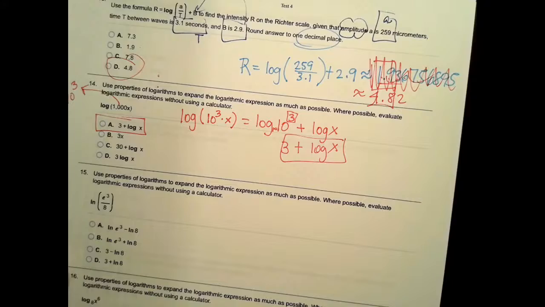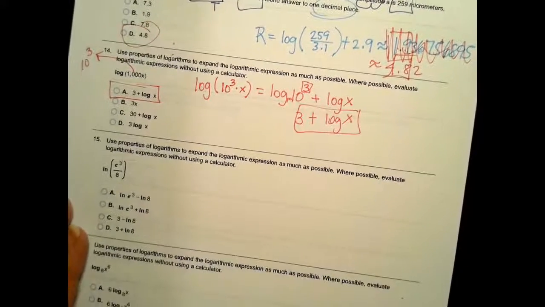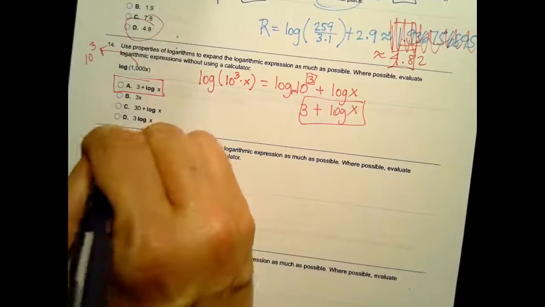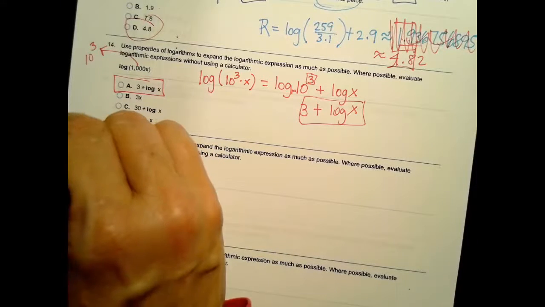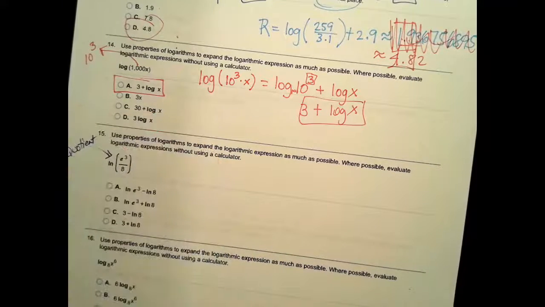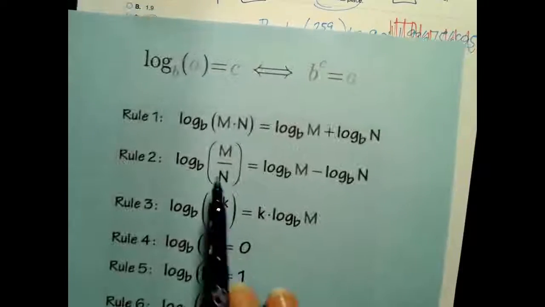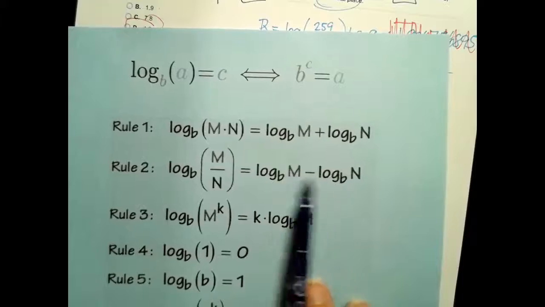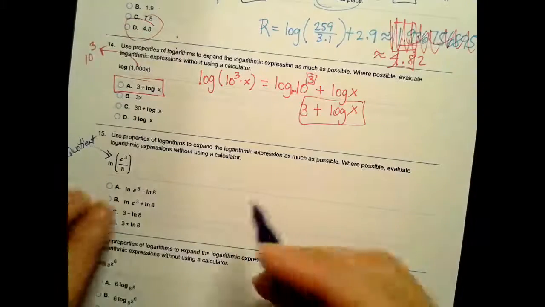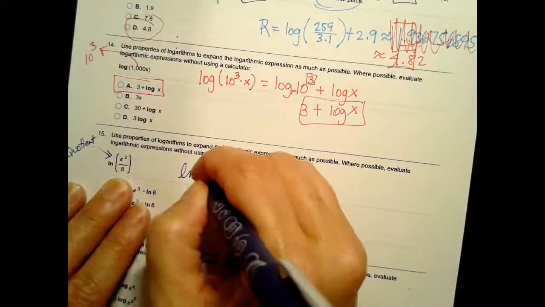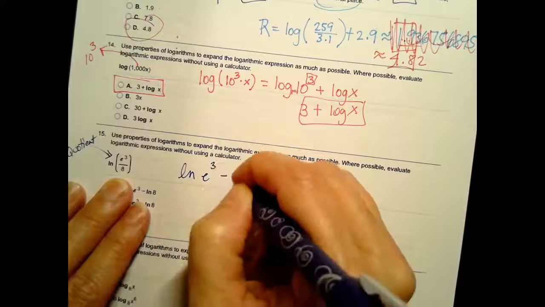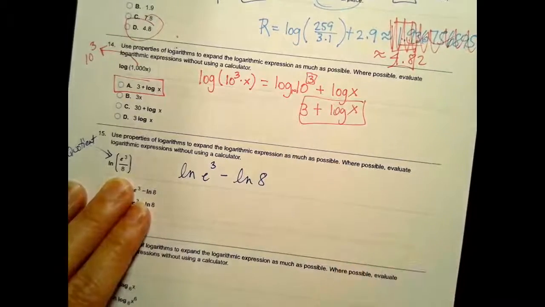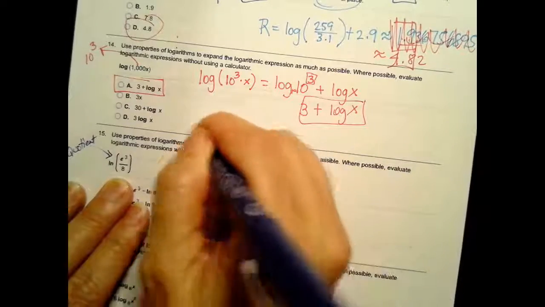Okay, our next one says use the properties to expand. So I noticed that I have a quotient, so I know I'm going to use that quotient rule. So I go back and look at my paper. Quotient rule, if I'm using the quotient rule, it says to break them apart and subtract. So this will be the natural log of e to the third minus the natural log of 8. And we do as much as we can. It says expand.